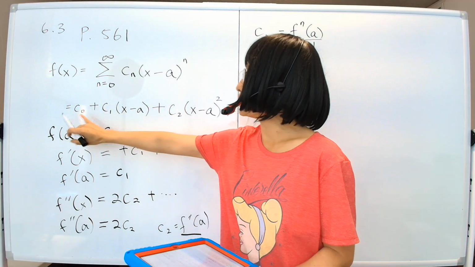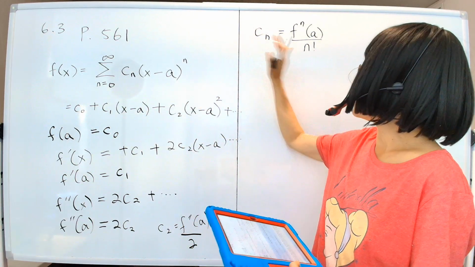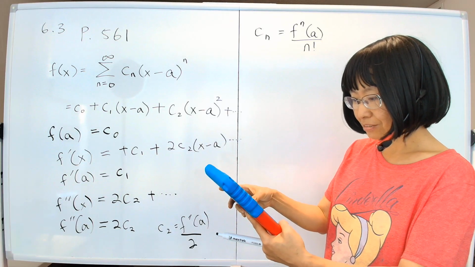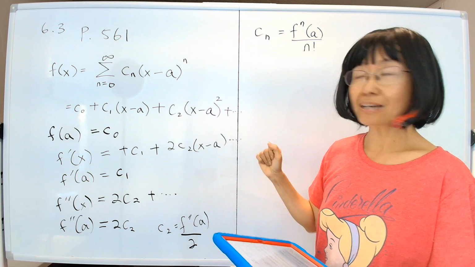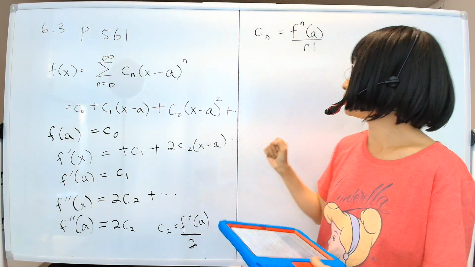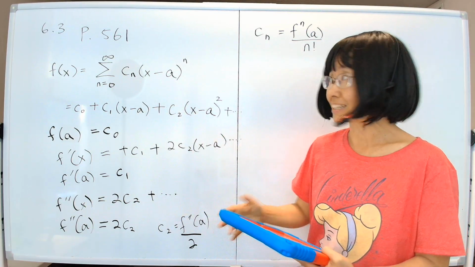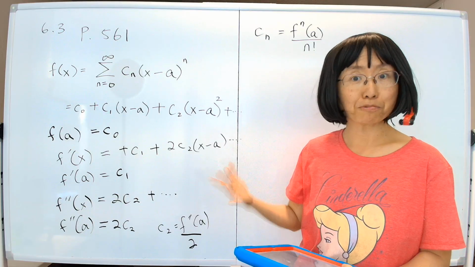Well, anyway, the Taylor series can be calculated, each Cn can be calculated by a nice fixed formula. This formula, as you can see, is not going to be easy to do. It depends on how fast you can do the derivative. And as the derivative gets higher, each time you have to crank the derivative, and it might get harder and harder and get to be a total pain.